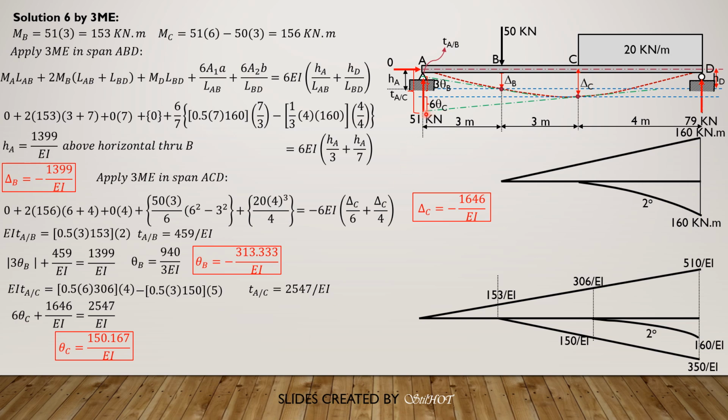So from the figure, the deviation of A relative to C equals delta C plus 6 theta C. So 6 theta C plus delta C, 1646 over EI, equals the deviation of A relative to C. So theta C is positive 150.167 over EI, just like before. So that's it.